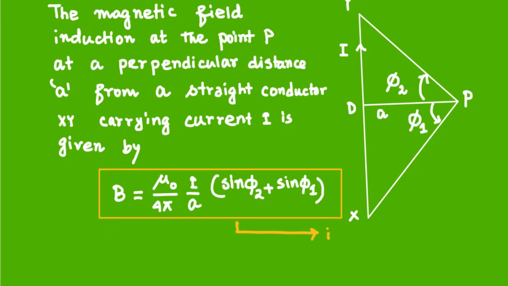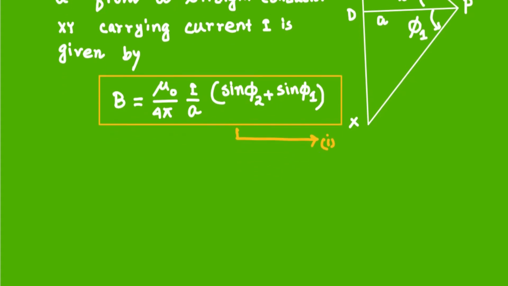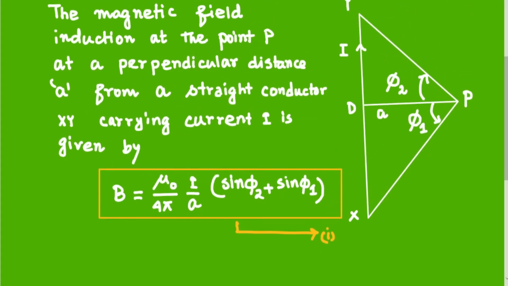So this is the expression of magnetic field induction at the point P due to a straight conductor XY carrying current I. That is B equal mu 0 by 4 pi I by A (sin phi 2 plus sin phi 1).